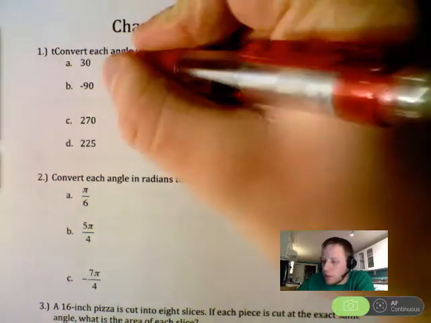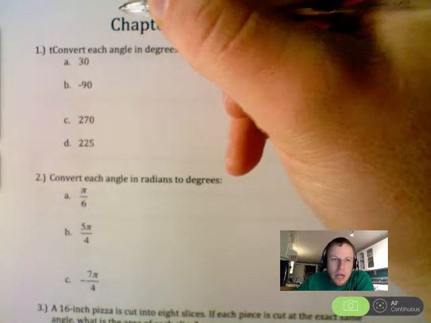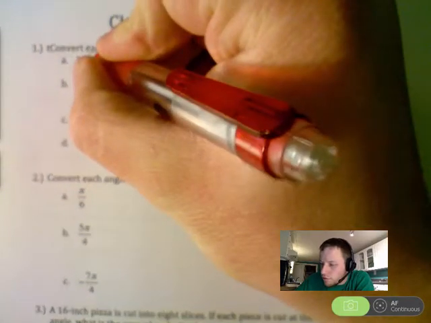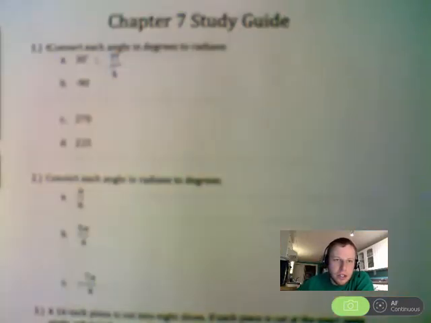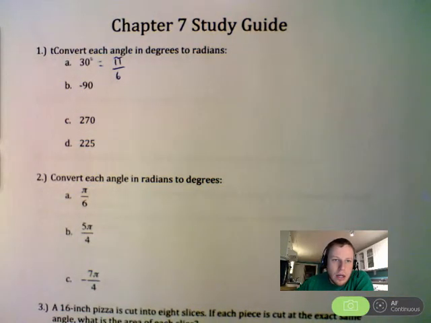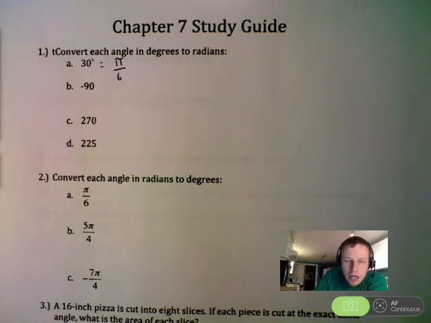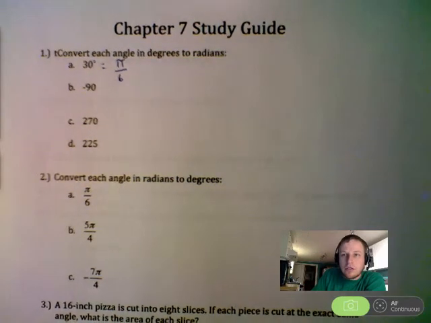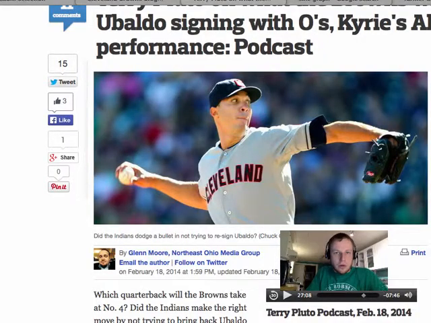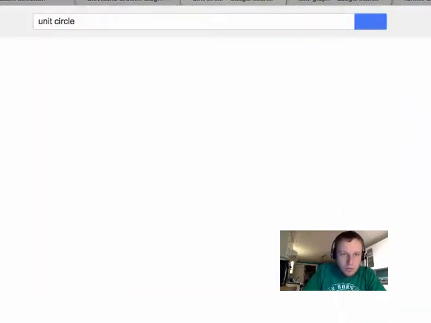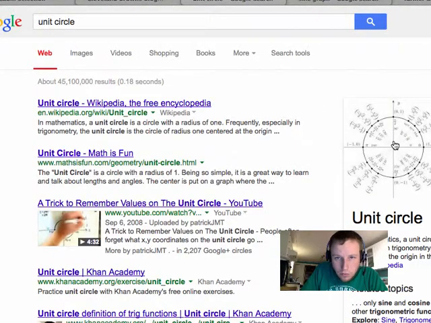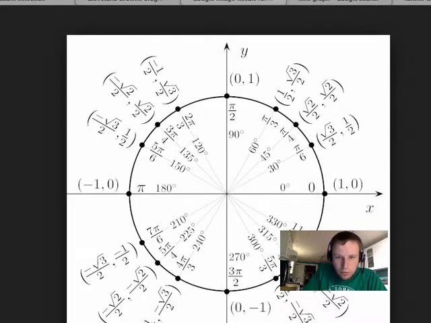Now with 30 degrees, we look at the unit circle, and if you look at your unit circle, 30 degrees ends up being pi over 6. Okay? Now, with 90 degrees, or negative 90 degrees, I'm going to pull up the unit circle here real quick.